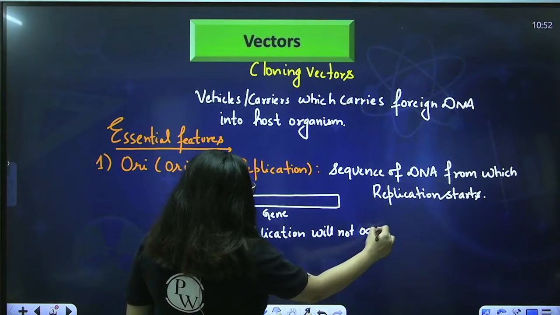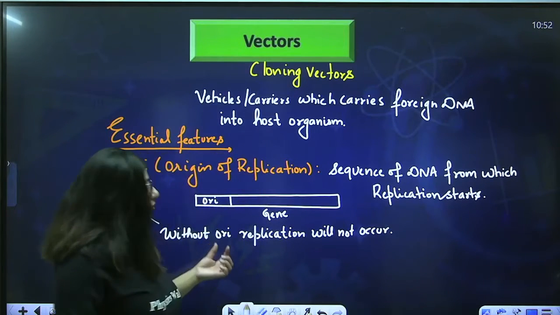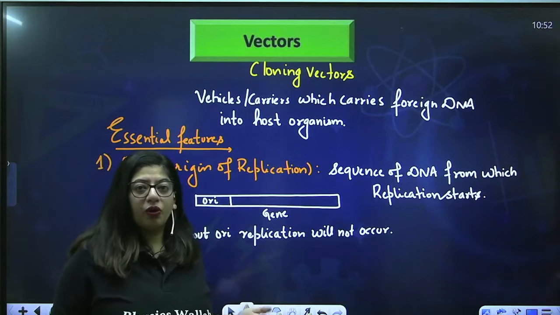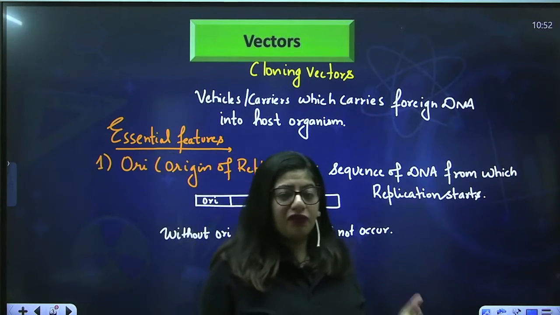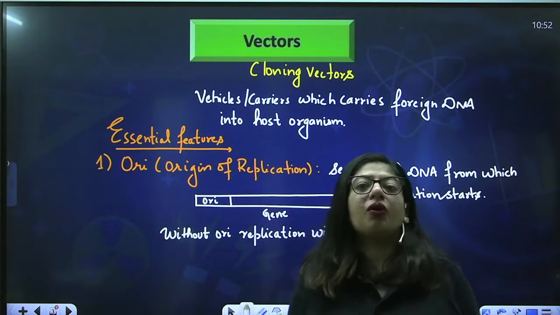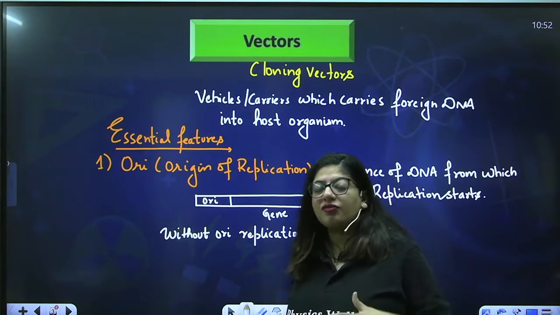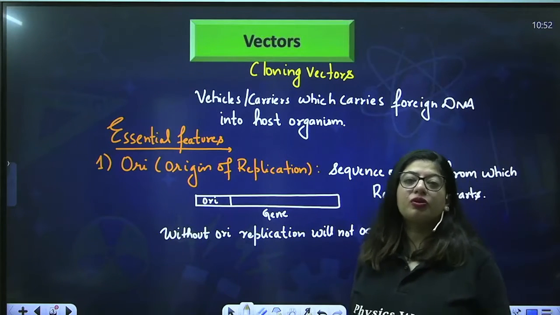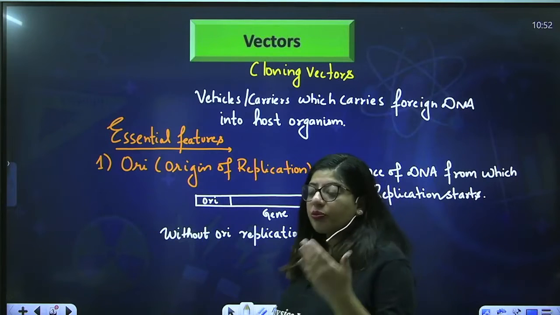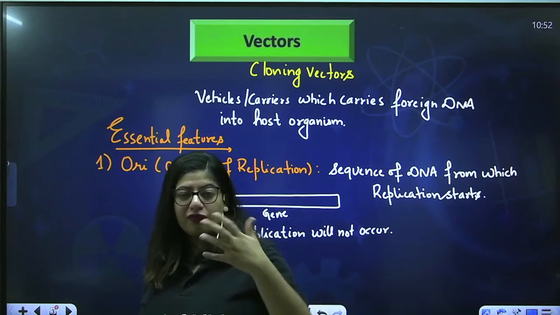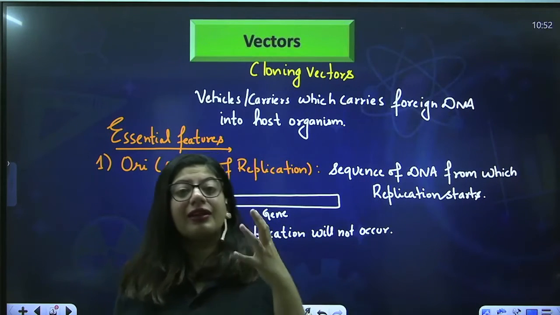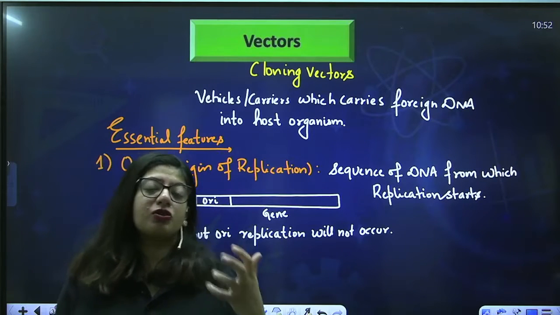Another important point to note here is that this ORI is different in prokaryotes and different in eukaryotes. If you have to replicate a eukaryotic gene, make sure your plasmid has the origin of replication of a eukaryotic gene. If your foreign DNA is a prokaryotic gene, then make sure the origin of replication is prokaryotic.